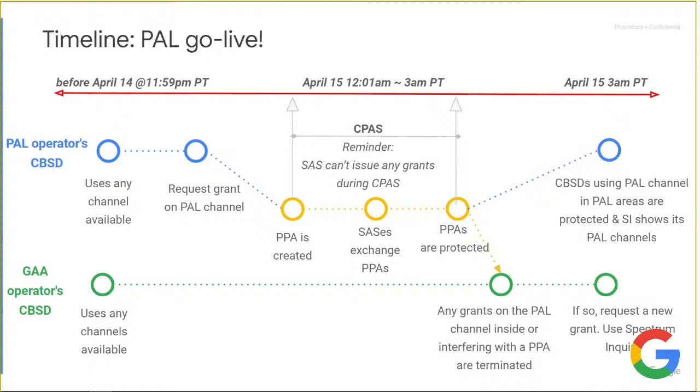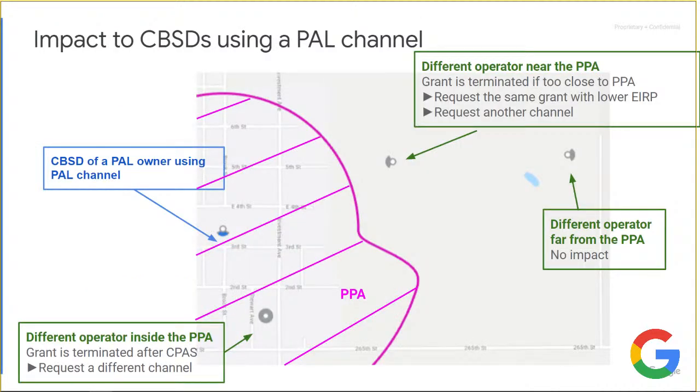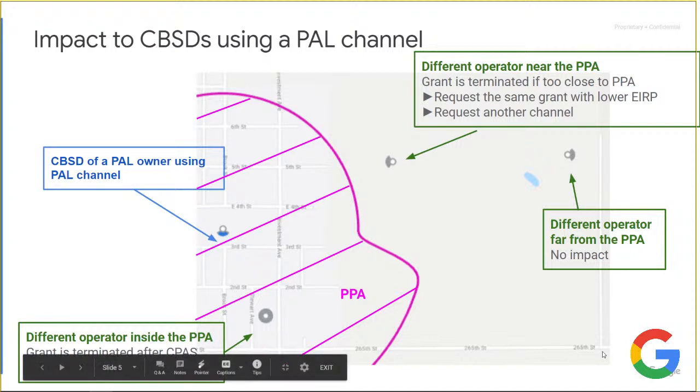Now, Rohan K asked a question in the chat, which is, can you please explain again about lower EIRP for the CBSD inside the PPA? So I'm going to go back one slide and mention that actually, to answer your question, Rohan, if the device is inside the PPA, there's no lower EIRP that's going to be available.